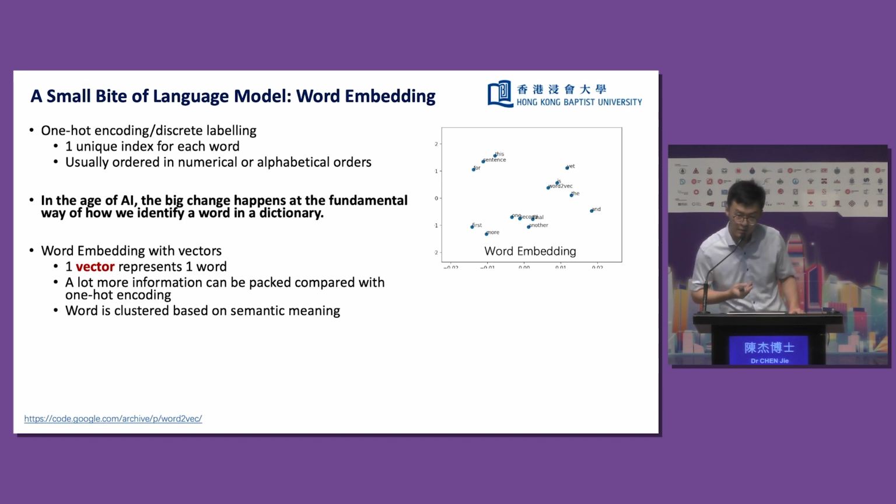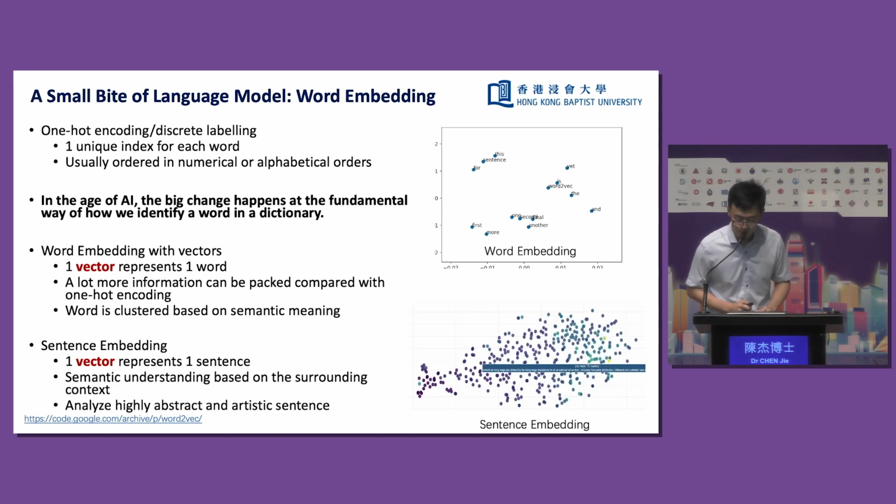And words can be clustered around each other when their semantic meanings are close to each other. We can not only use vectors to represent a word, we can also use them to represent a sentence. So that the semantic neighbors around it will tell us the context. What's in front and what is after this word can also be embedded into this sentence.